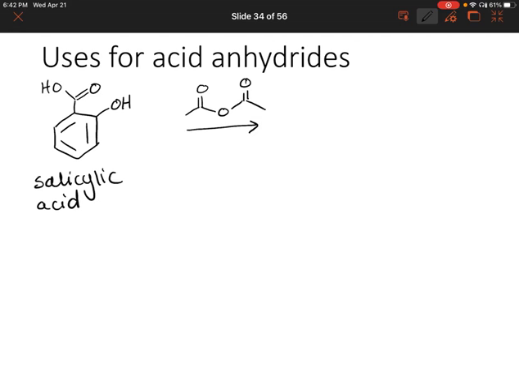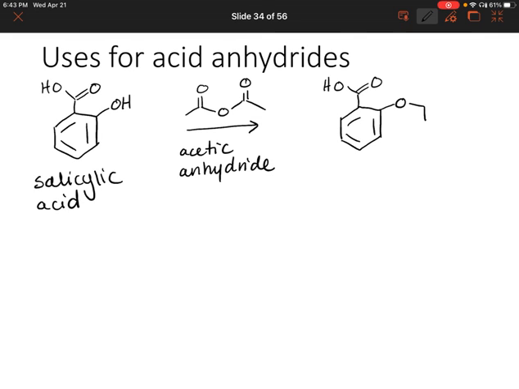And we have a carboxylic acid group ortho to an alcohol group. And if we react that with acetic anhydride, which is our simple symmetric anhydride, we end up forming the following. So our carboxylic acid group stays the same, but our alcohol group is now converted into an ester.